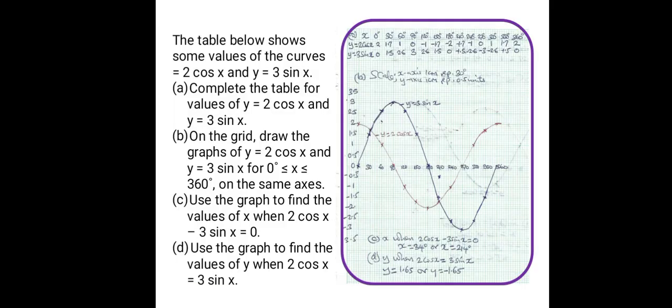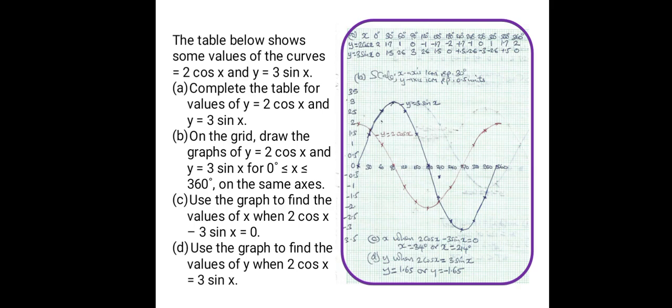The table below shows some values of the curves y = 2 cos x and y = 3 sin x. Complete the table for values y = 2 cos x and y = 3 sin x.